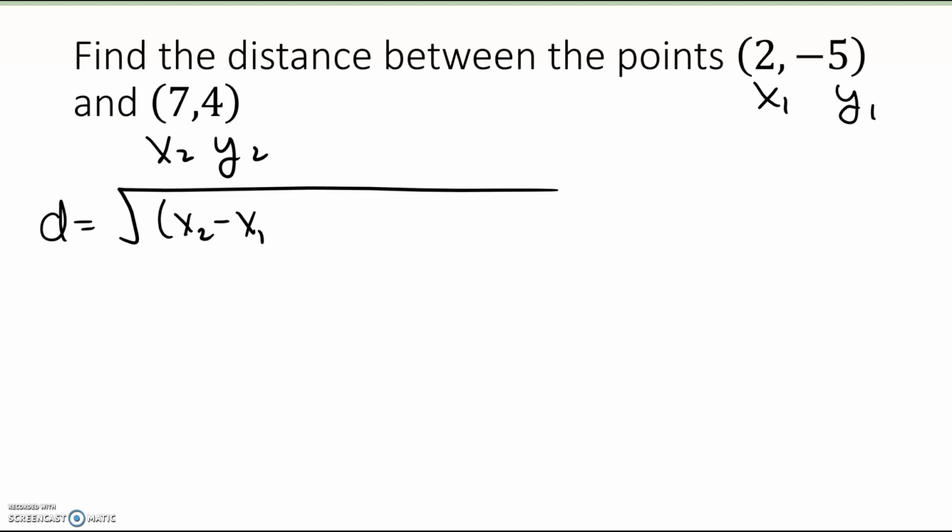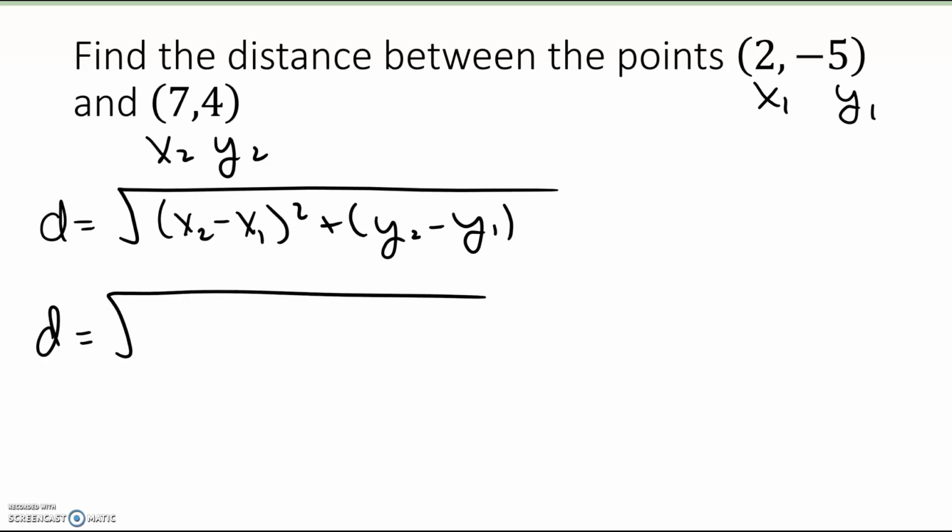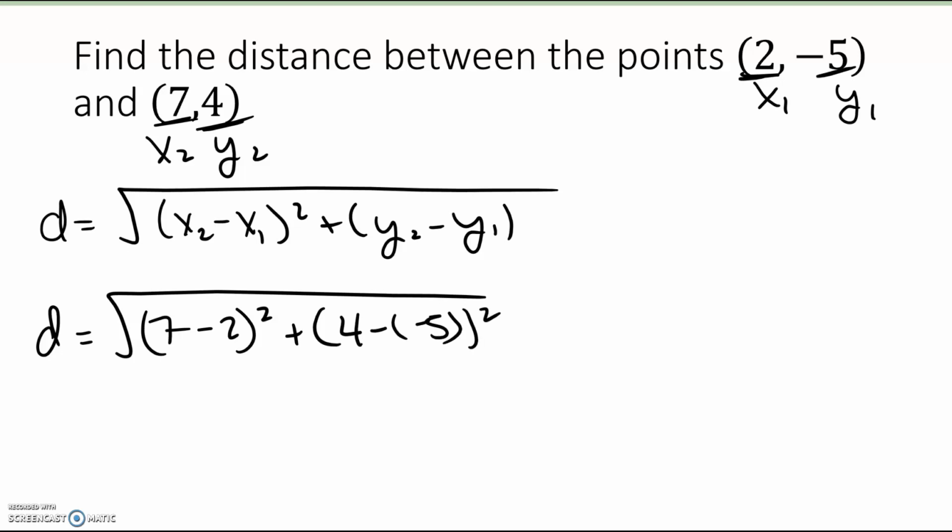X sub 2 minus x sub 1, that's squared, plus y sub 2 minus y sub 1, that's squared. Okay, so I'm going to plug in my values. So x sub 2 is 7, and x sub 1 is 2, square that, plus, okay, y sub 2 is 4, y sub 1 is -5, be careful with that negative, and that's squared.